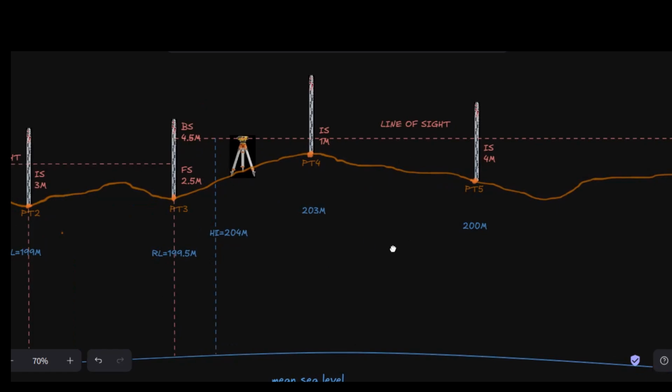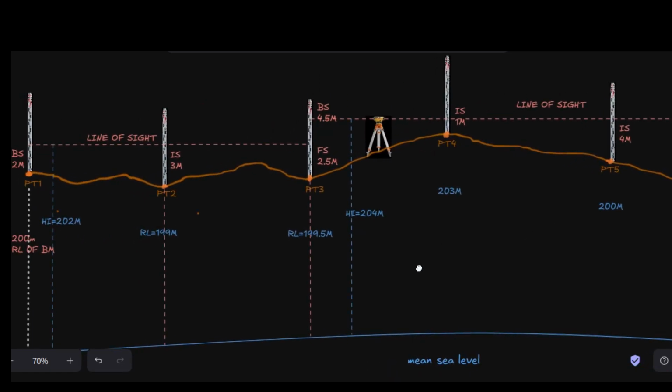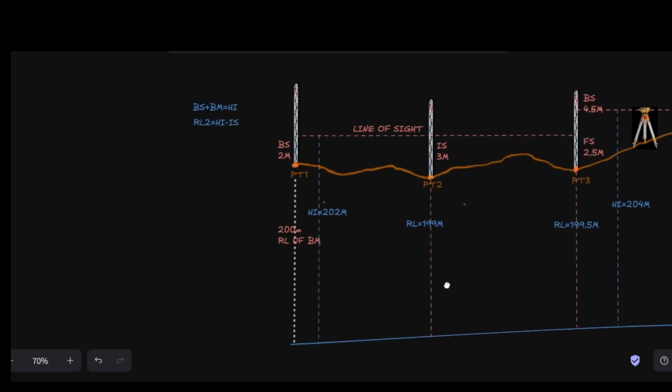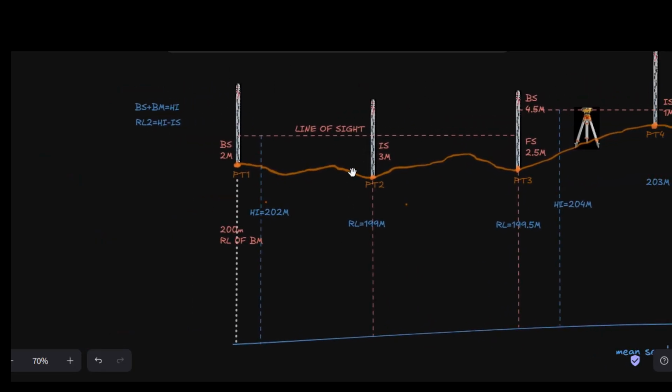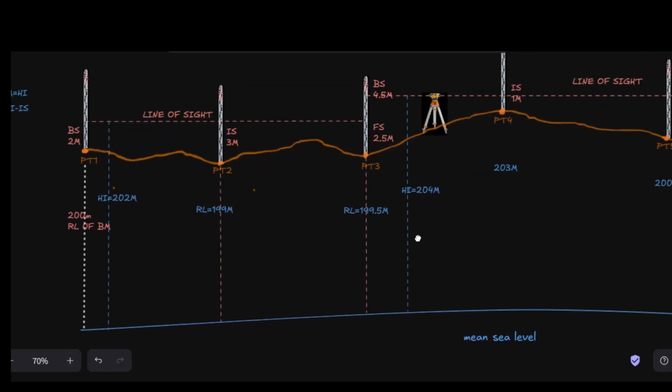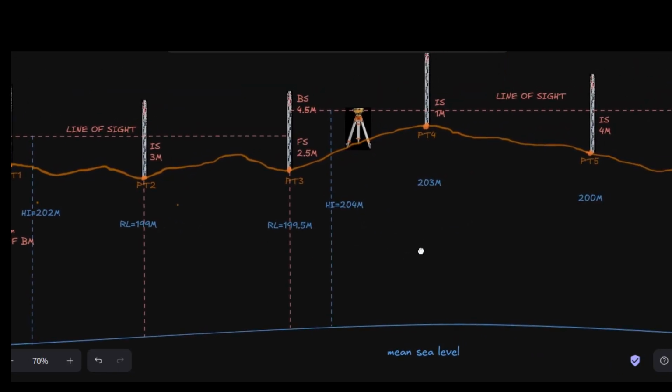You can see how these are. So I just indirectly taught you how to find the reduced level of point 1, point 2, any point on the Earth's surface using the height of instrument method. Now, in our next class, we are going to treat something different but similar.